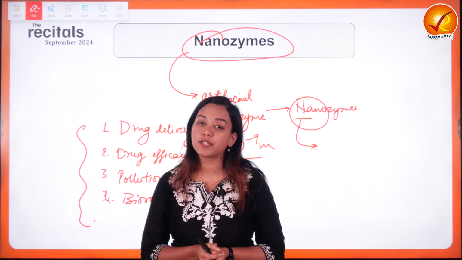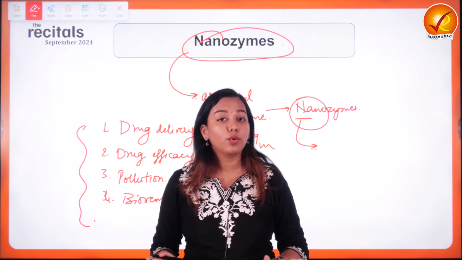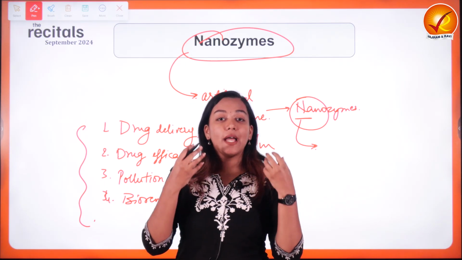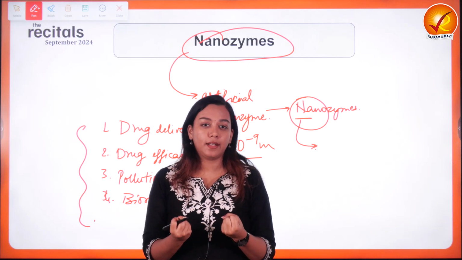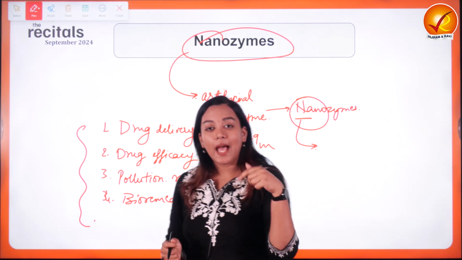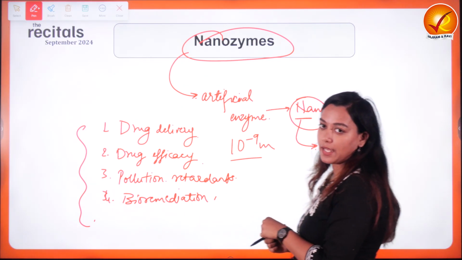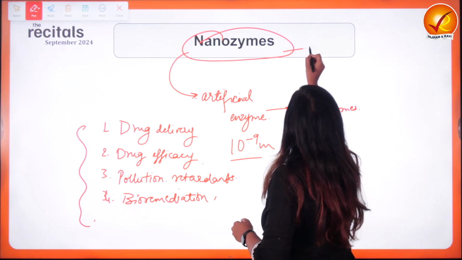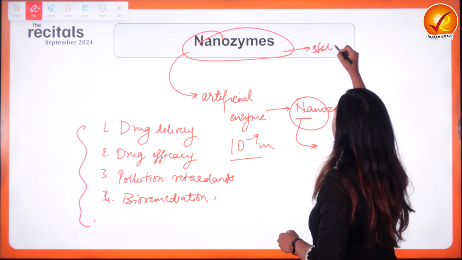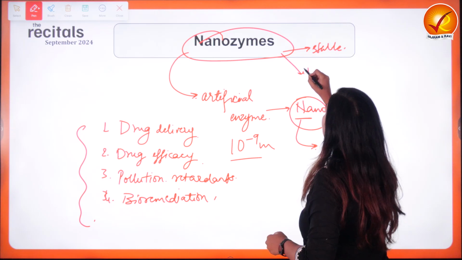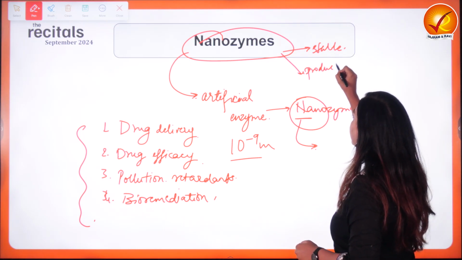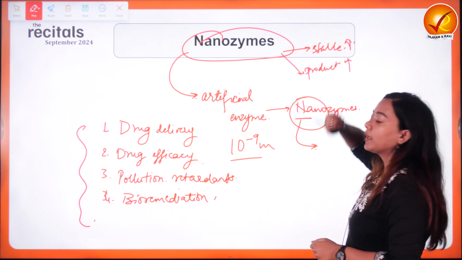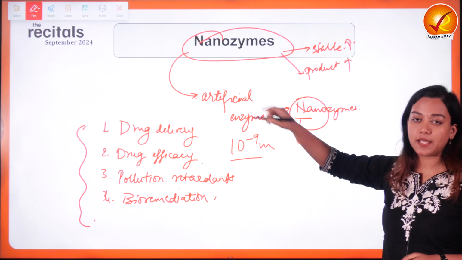But what will happen after some time? The pineapple will die out, will be adulterated. The enzymes will lose their vitality. Therefore, to enhance the shelf life of the enzyme, to ensure that these are more stable chemically and physically, and can be produced in higher amount, artificial nanoenzymes can be created.